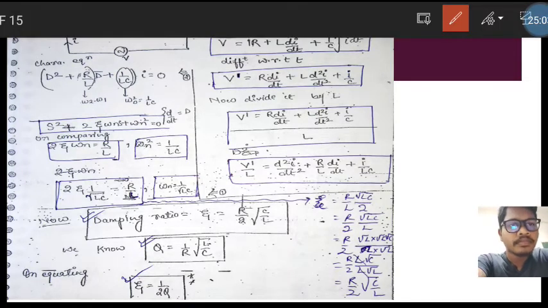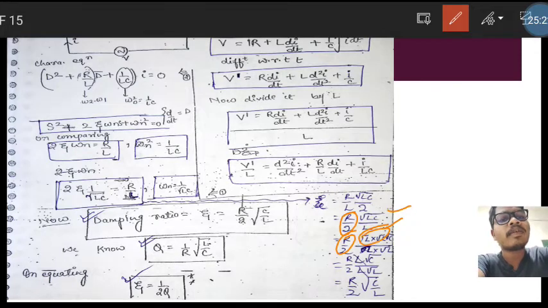So R divided by 2 as like the previous, and here we are multiplying root over of L in both the denominator and numerator. So after multiplying we get root over of L and root over of L multiplied, then we get L in the numerator side.